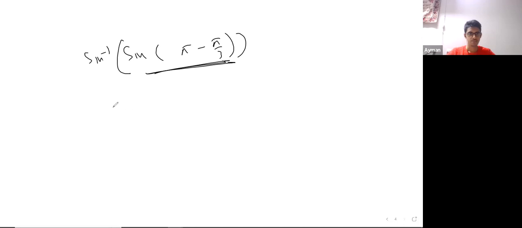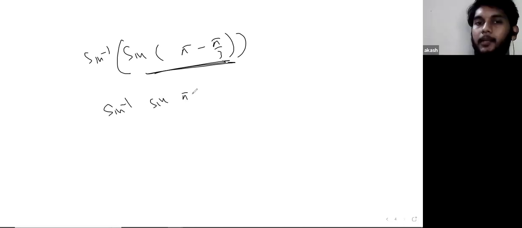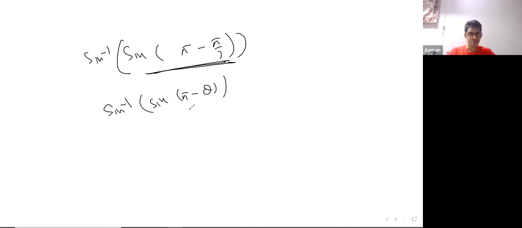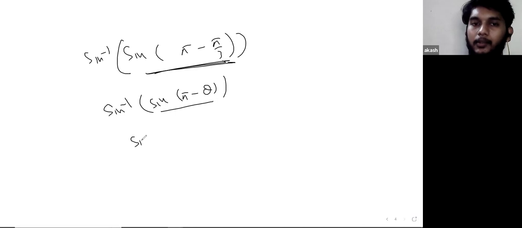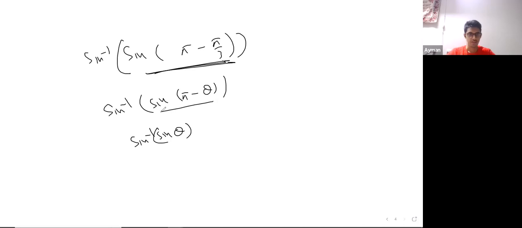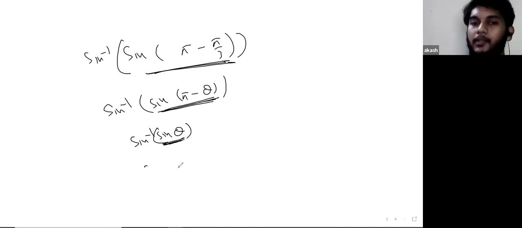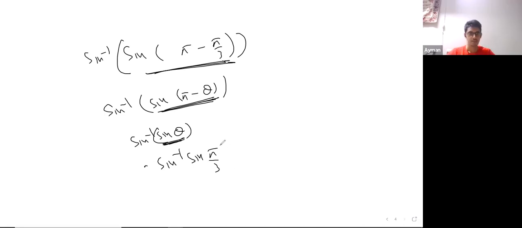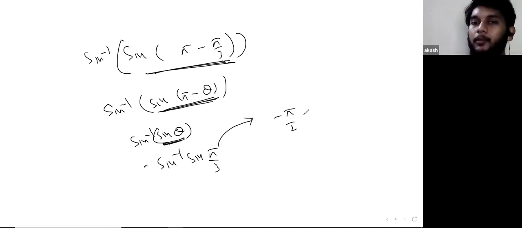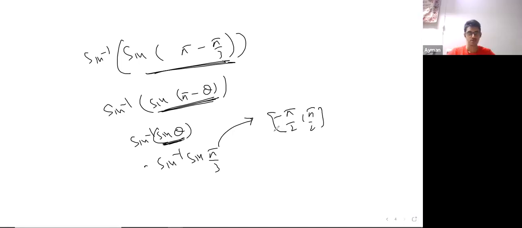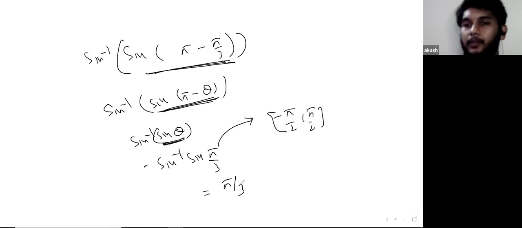I can write this as sine inverse sine of pi minus theta, and sine of pi minus theta I just saw is sine theta. So this is sine inverse sine theta, and theta value is pi by 3. Now we can see pi by 3 lies between minus pi by 2 and pi by 2. So the answer will be directly pi by 3.